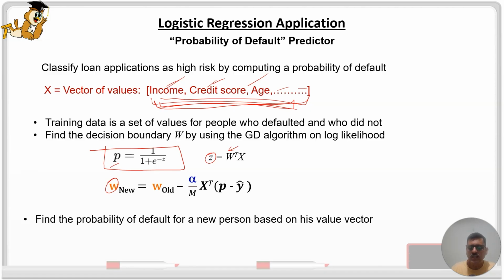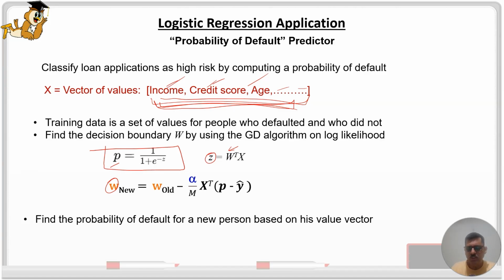If P is greater than 0.5, he is tending towards default. If P is less than 0.5, he's tending towards not default, and the value of P itself is an indicator of how safe or how risky he is. If P is extremely high, he is very close to a default and you want to stay away from that guy.